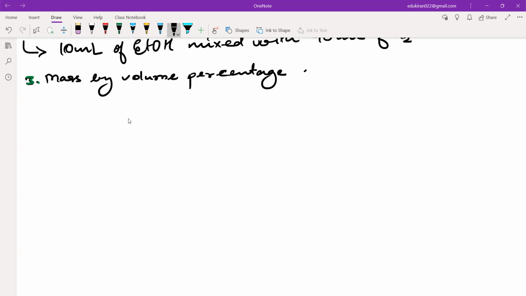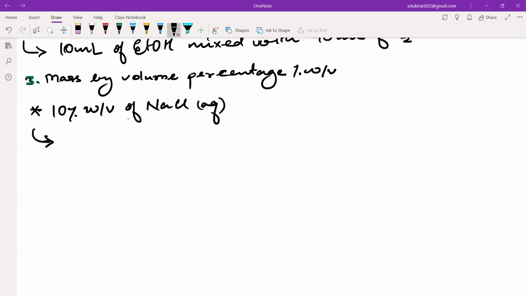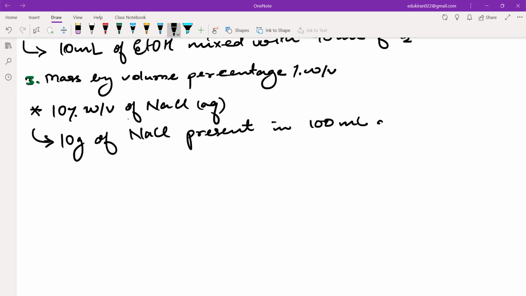It is given as percentage W by V. There is no formula as such, but if you have been given something like 10% W by V of NaCl aqueous, this can only have one statement: 10 gram of NaCl present in 100 ml of solution. So you can have only this information.